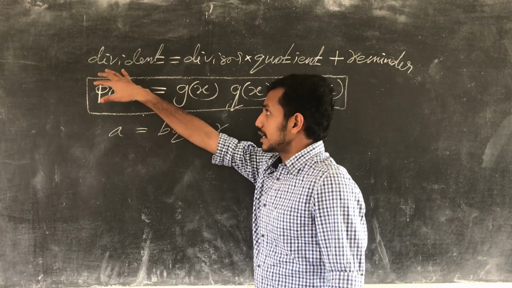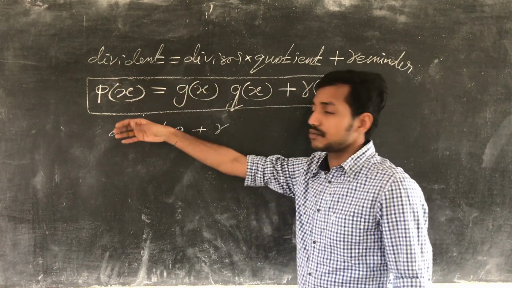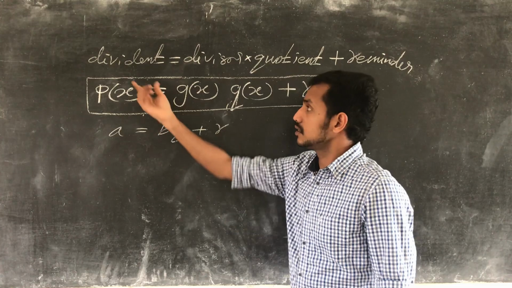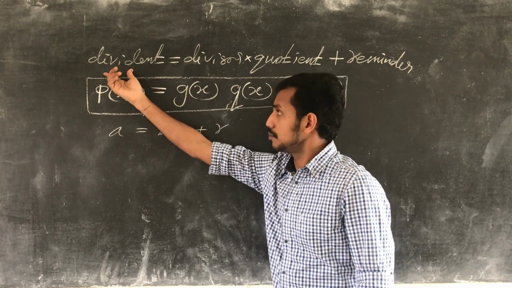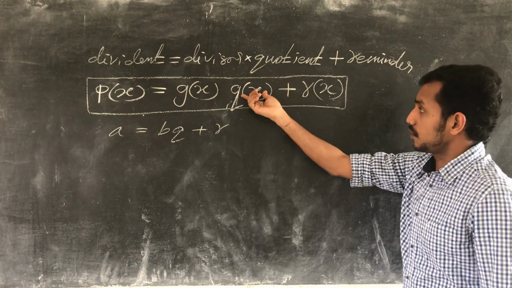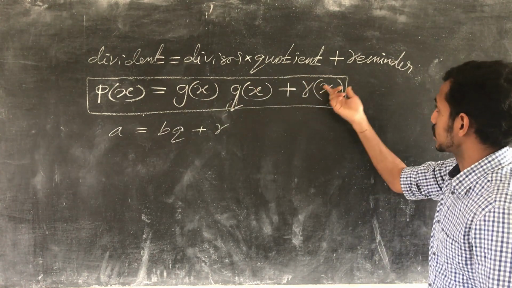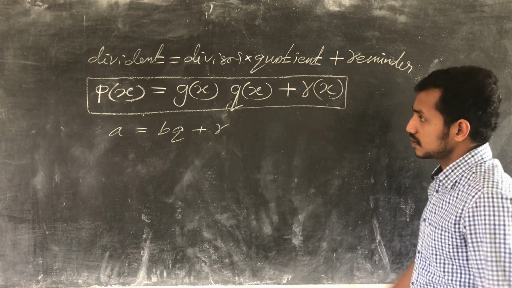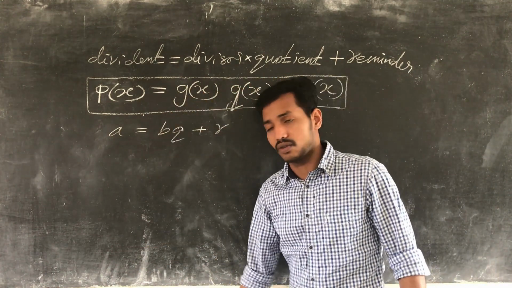Here, in case of the division algorithm for polynomials, instead of real numbers, there will be polynomials. p of x is the dividend, g of x is the divisor, q of x is the quotient, and r of x is the remainder. This is the division algorithm for polynomials.